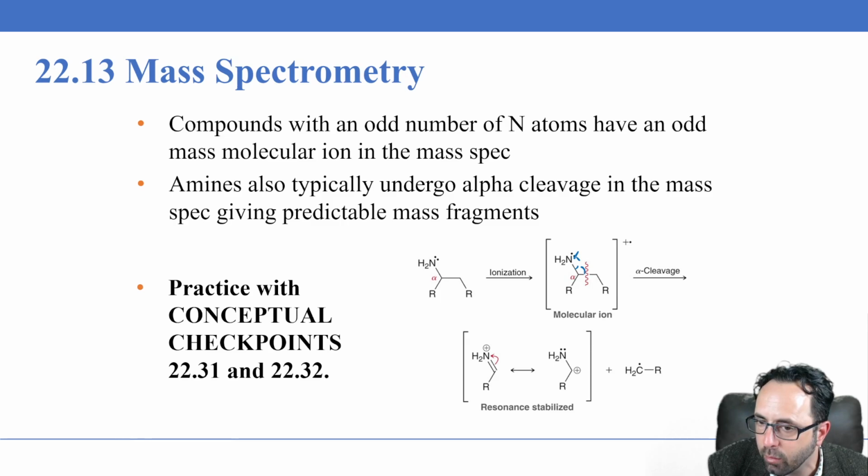This one electron that's remaining will go here. This electron will go here, and then we'll have a cleavage leaving this one here. And so this nitrogen atom now has a double bond with 2 bonds to hydrogen.